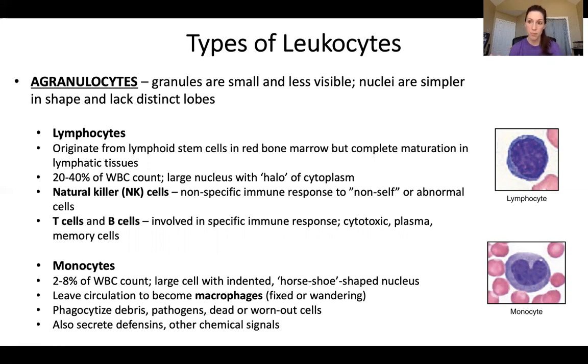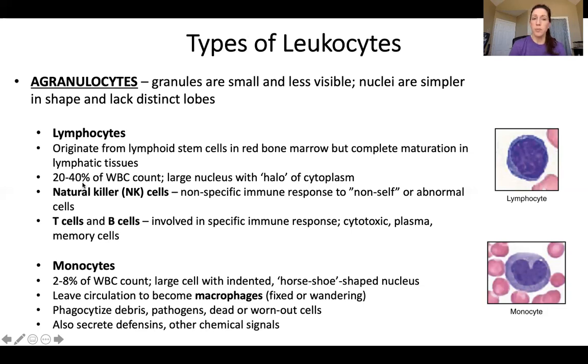So they're going to move out of the red bone marrow and into tissues like the thymus or spleen or things like that. But we're going to cover that in a lot more detail in the chapter on immune cells. But just keep in mind that these guys come from lymphoid stem cells, but they're lymphocytes, so that makes sense.